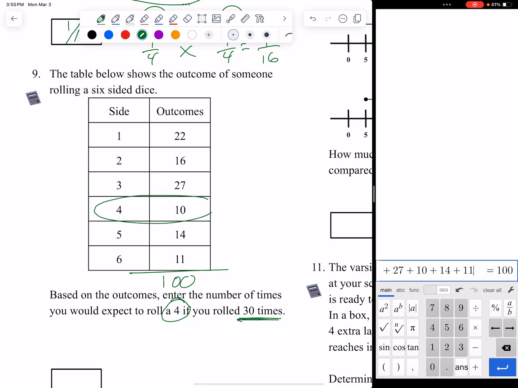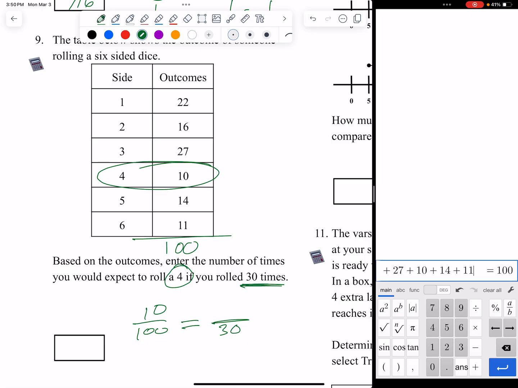So for a 4, the first one was 10 out of 100. So what would happen if you wanted to roll a 30? Or if you did it 30 times instead of 100 then? It should be the same-ish amount. So the question is, how did I get to 30?